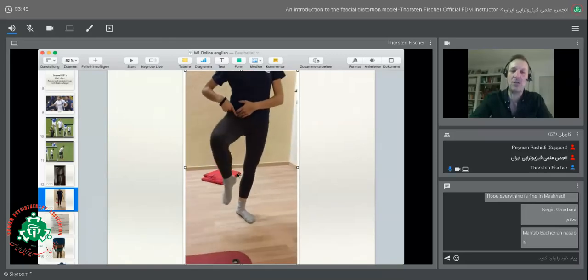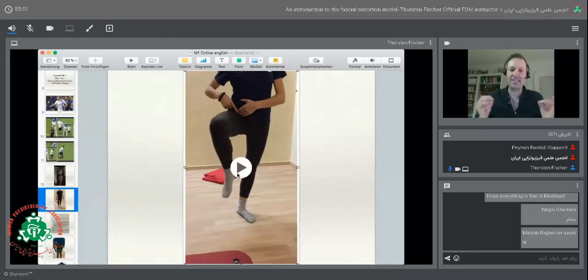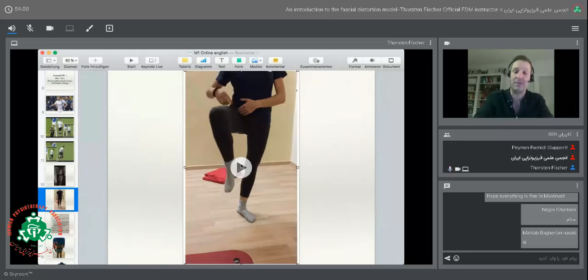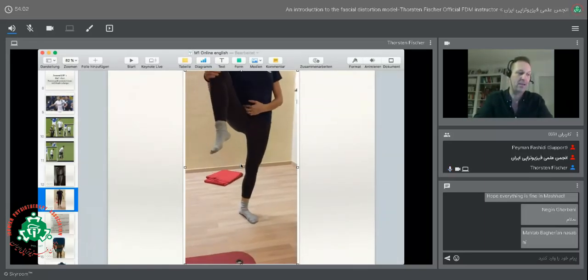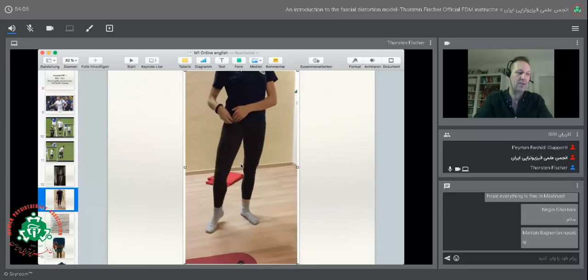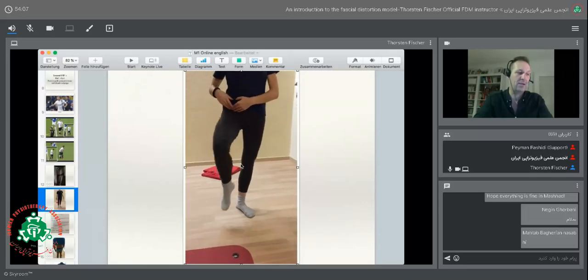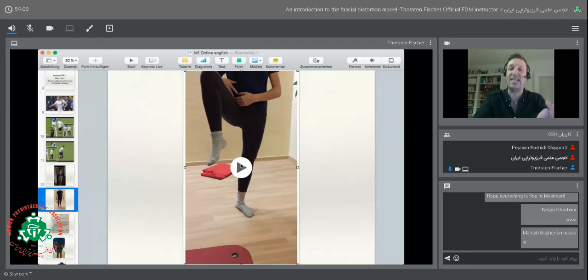And now watch. I think the dancer doesn't even recognize that her body language changes. Now she changes from the right hand to the left hand. You hear it's tense and it's blocking her.